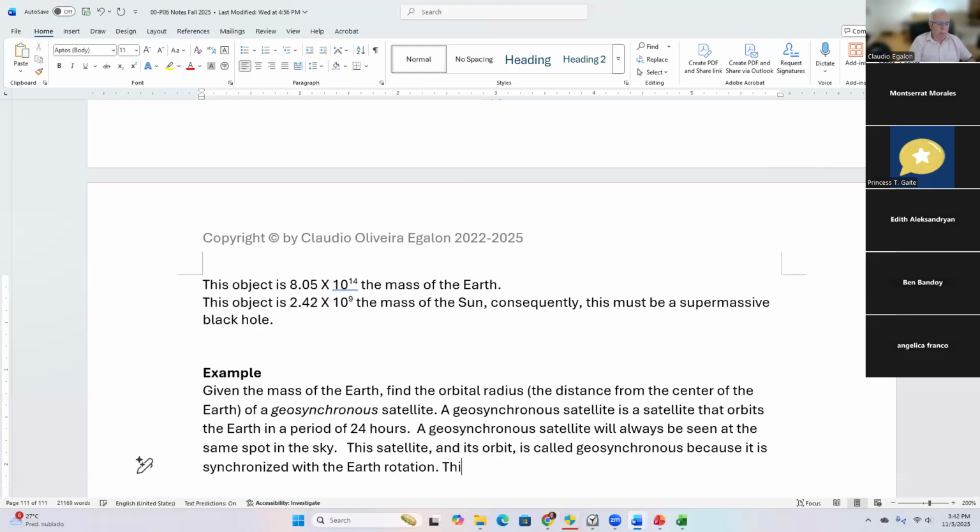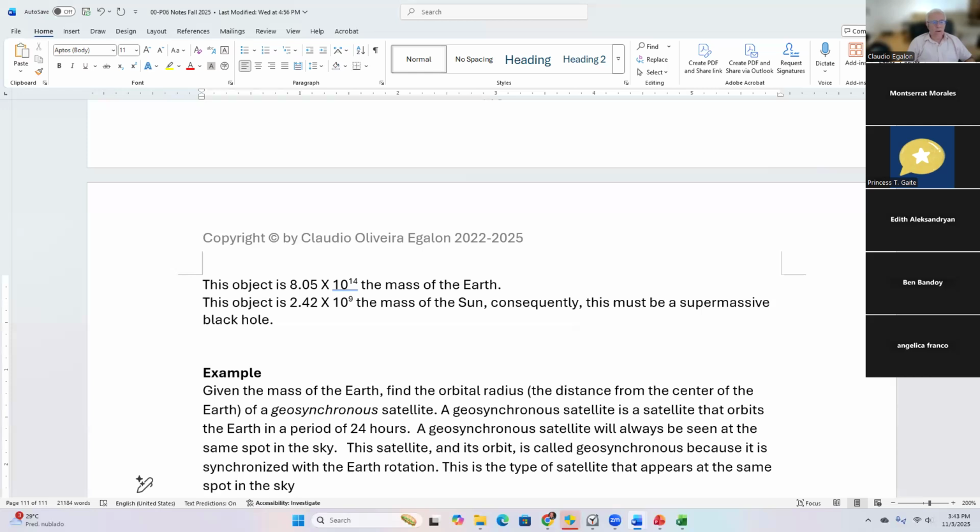Okay, this is the type of satellite that appears at the same spot in the sky. It never moves from that spot in the sky.